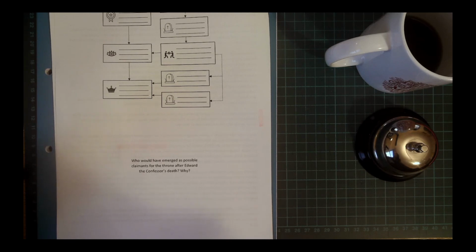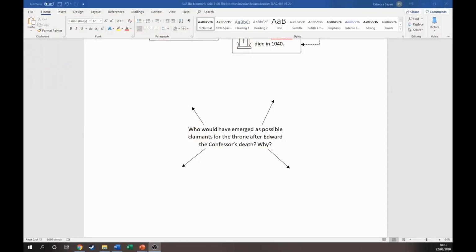So we're just going to switch back to my online version. So there are 4 possible options, 4 possible groups who could claim or could try and claim the English throne after Edward the Confessor's death. The first one are the Godwins.